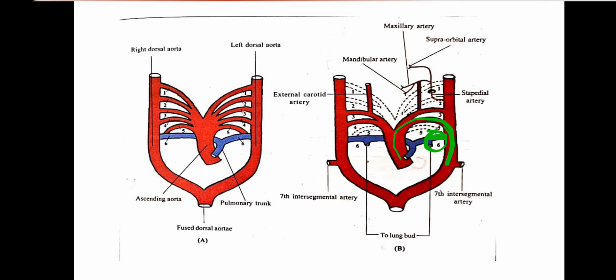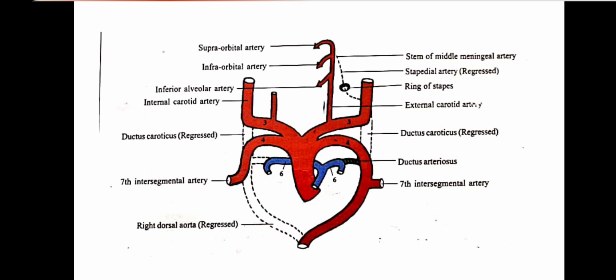And this connection is called what? Ductus arteriosus. And when it becomes rudimentary, it is called ligamentum arteriosum. Okay, so this is about the six arterial arches.